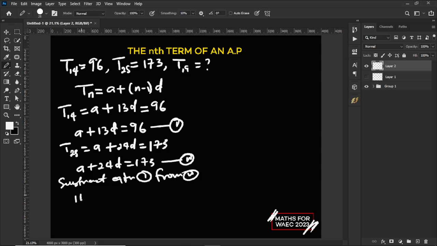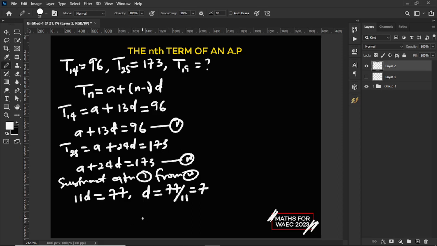We have 11D equal 173 minus 96. That should be 77, right? So our D is equal to 77 over 11, and that will give us 7.